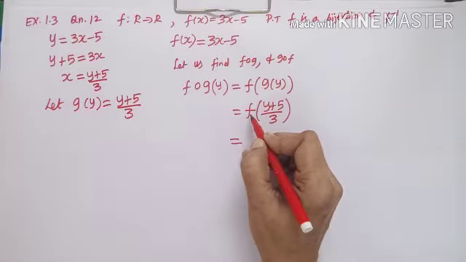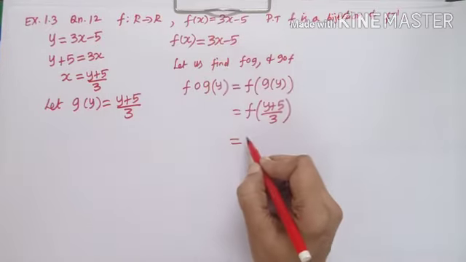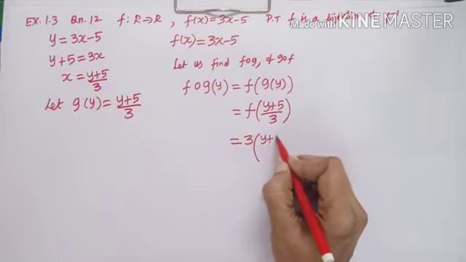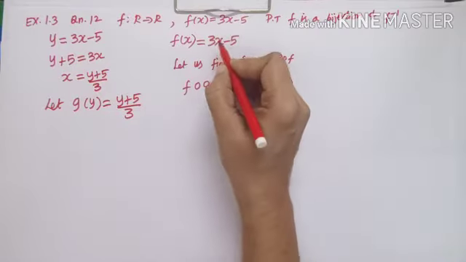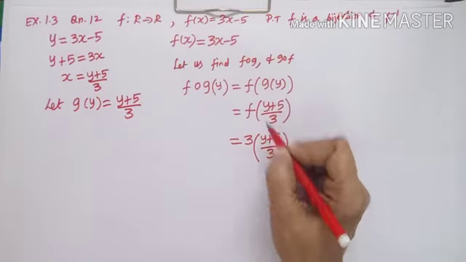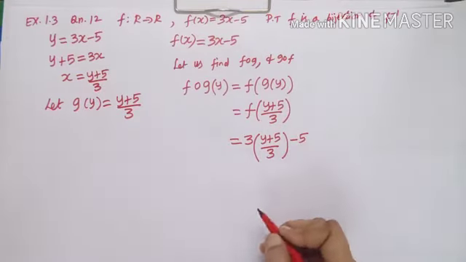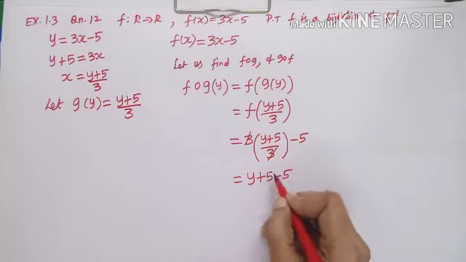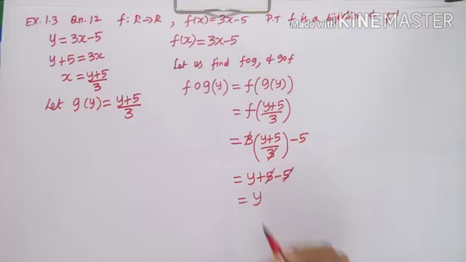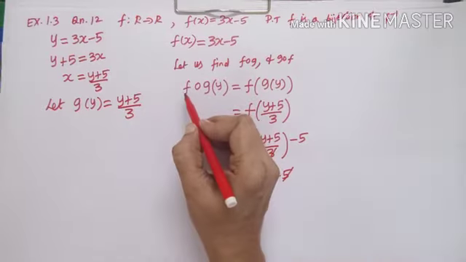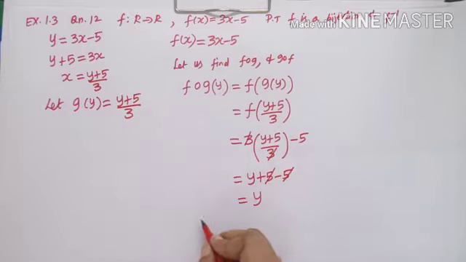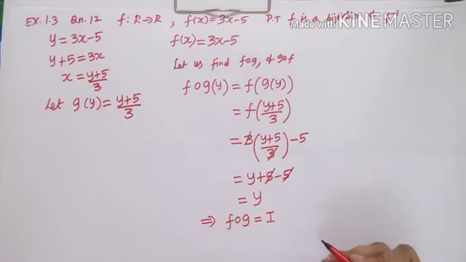What does f mean? 3x minus 5: 3 times, instead of x, put this bracket (y+5)/3, minus 5. The 3 and 3 cancel. y plus 5 minus 5, the 5 cancels. I am left with y. I started with (f∘g)(y) and ended with y, which implies f∘g is nothing but I.